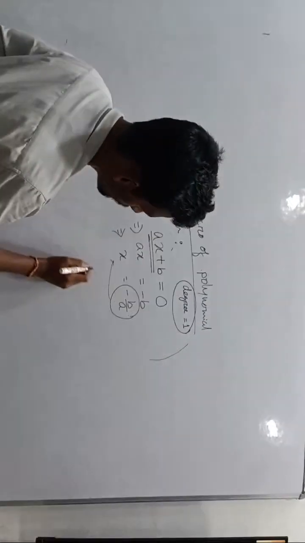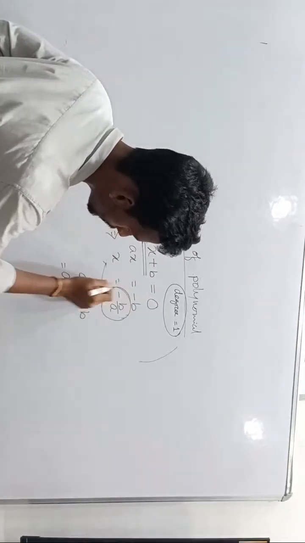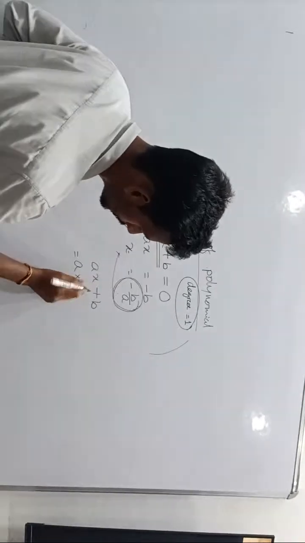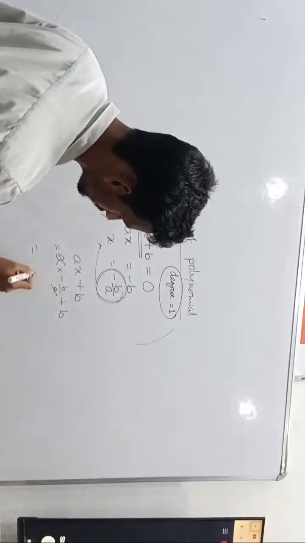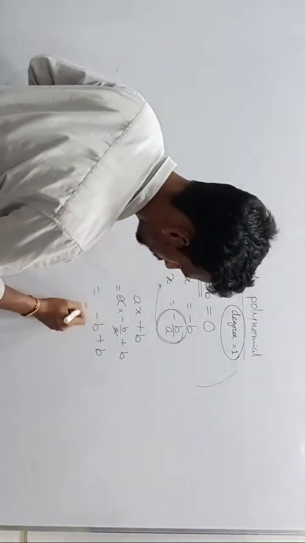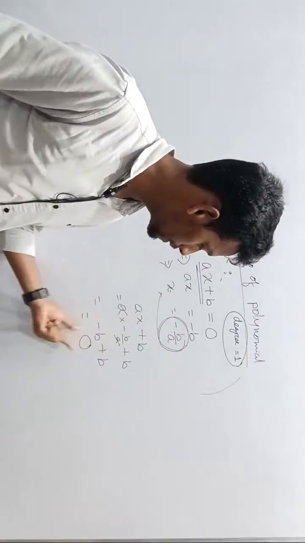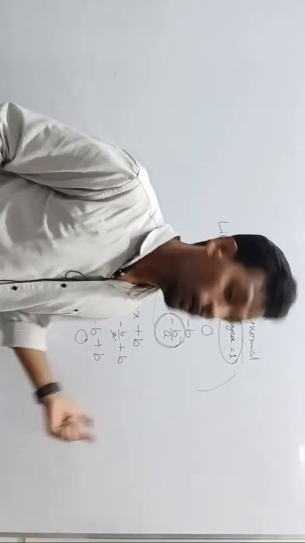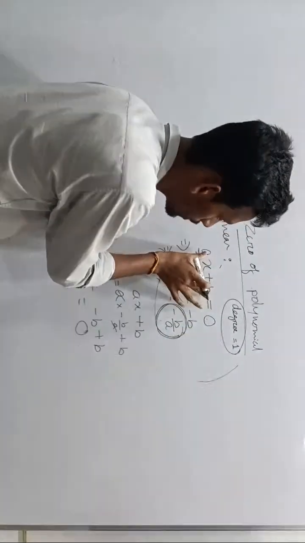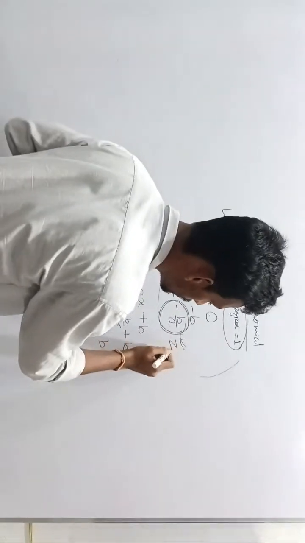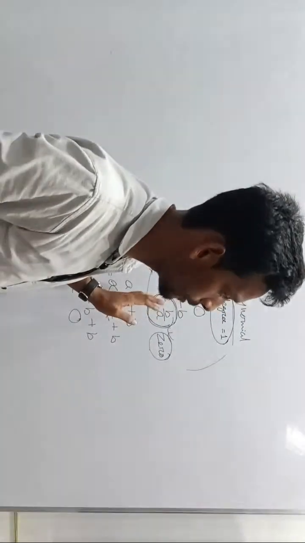If you put the value x equal to minus b by a, it looks like a times minus b by a plus b. A cancels, minus b plus b will be 0. So for the value x equal to minus b by a, the expression becomes 0. Clear? So for this value of the variable, the polynomial becomes 0. So for a linear polynomial, minus b by a is called the zero of the linear polynomial, for every linear polynomial. Okay?